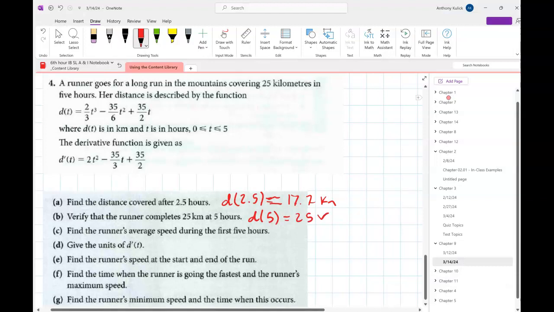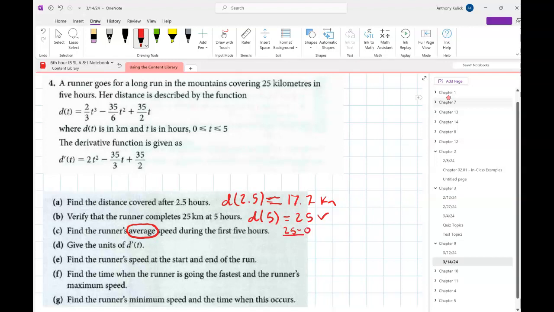It says find the runner's average speed during the first 5 hours. When you hear the word average, what are we doing? Slope. So what am I doing?